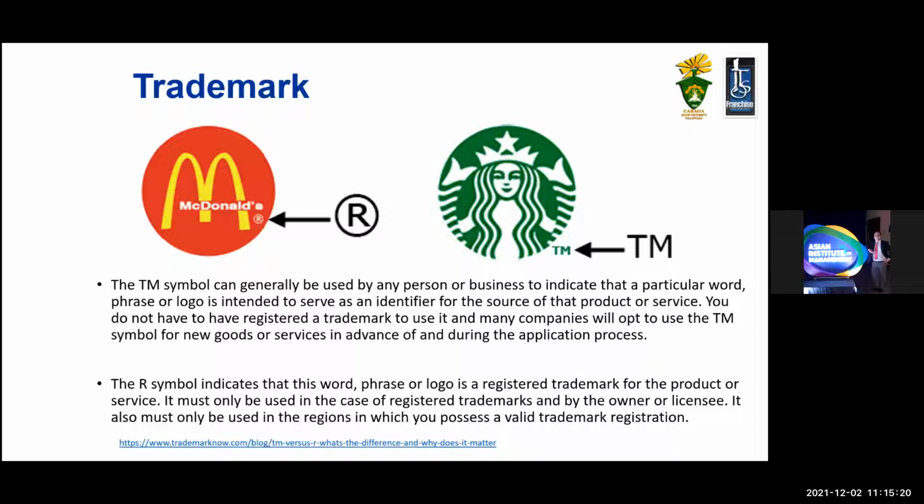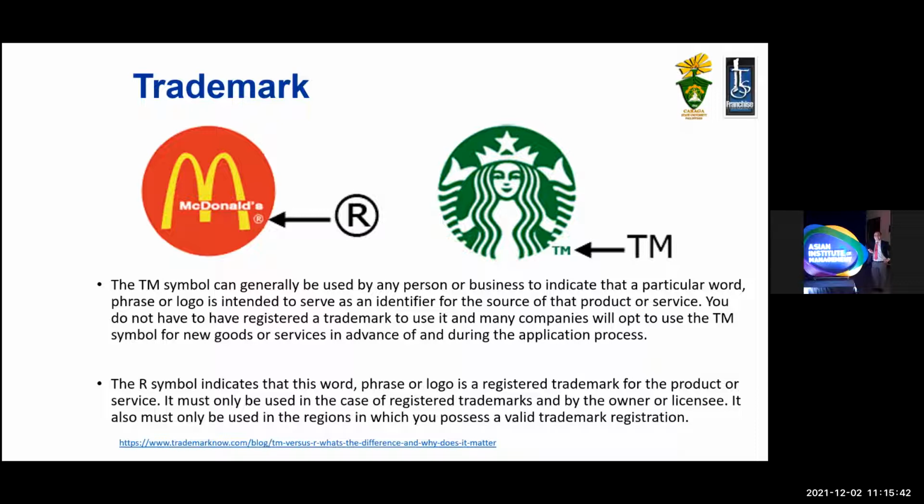Meaning to say, at the time of their application, which is not yet officially registered, you put a TM. That means signifying to the public that this is the trademark of Starbucks that is ongoing processing. So approval process, right?